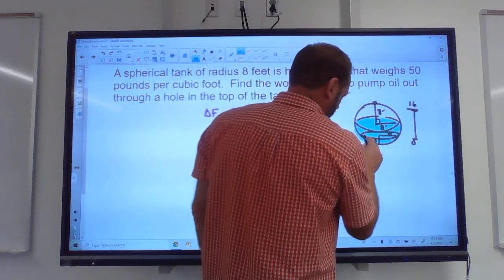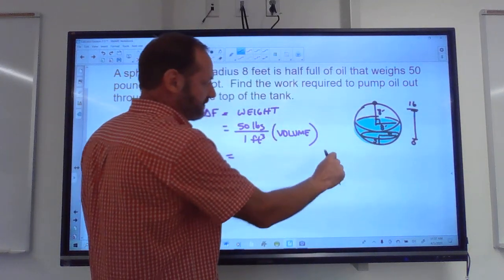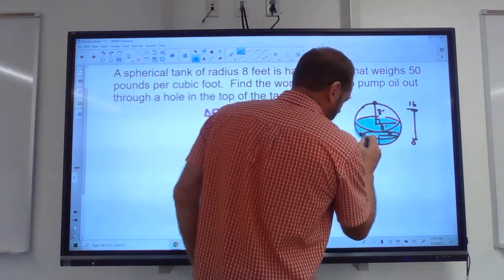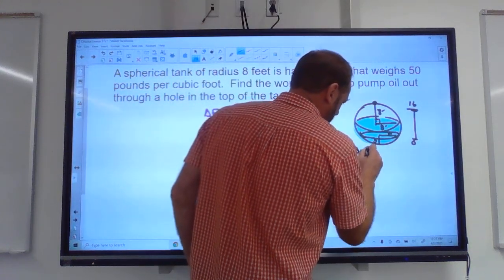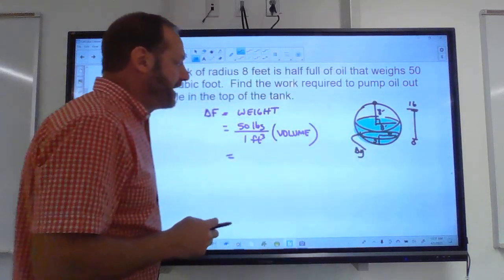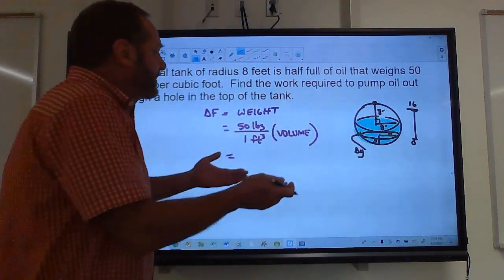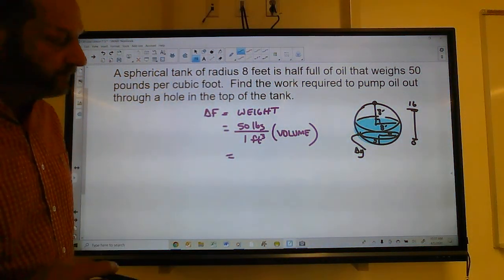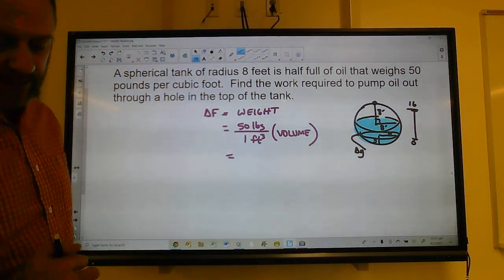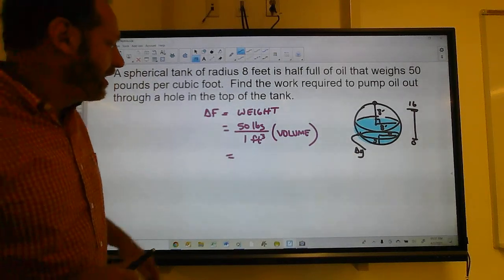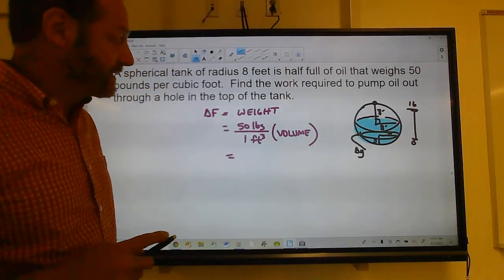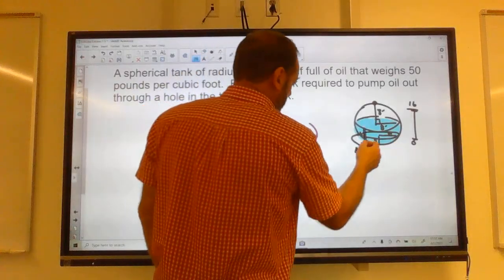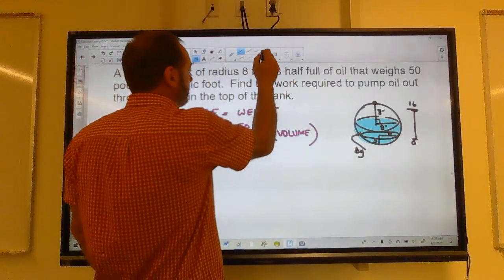If we think about this as stacking a bunch of discs on top of each other, where the thickness of each disc is delta y, then we're going to lift each one of these discs up to the top and get it out, okay? So we need to figure out the volume of each one of these discs. So the volume, since it's a circle, is going to be pi r squared.